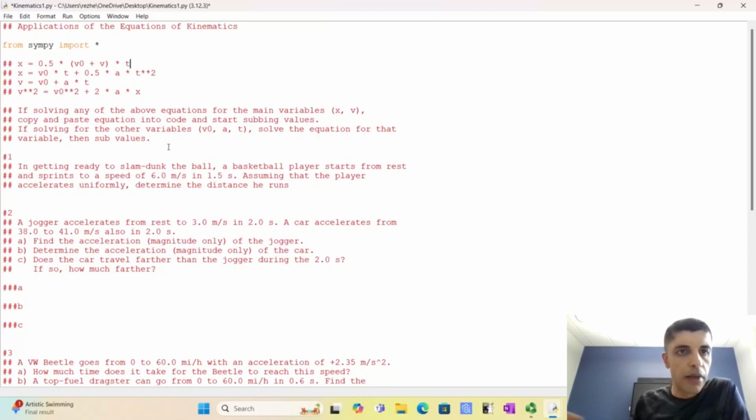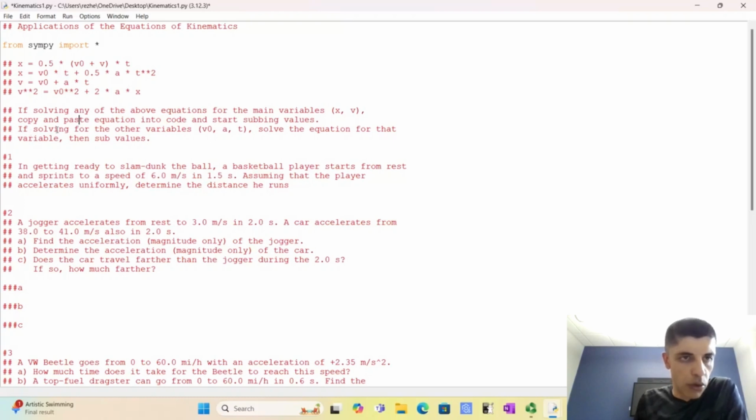I've also made a comment here that when we solve the above equations, if we're solving for the main variables like x or v, then all we have to do is copy and paste the equation into the section of the code where we're solving the problem, and sub values for the givens. Maybe we know t or a, so we're going to substitute.